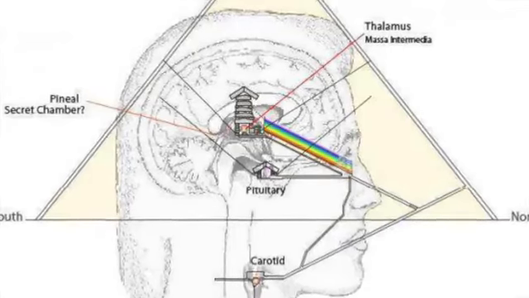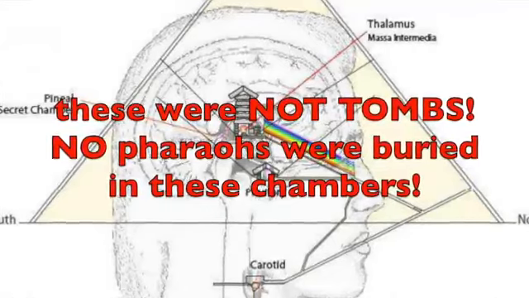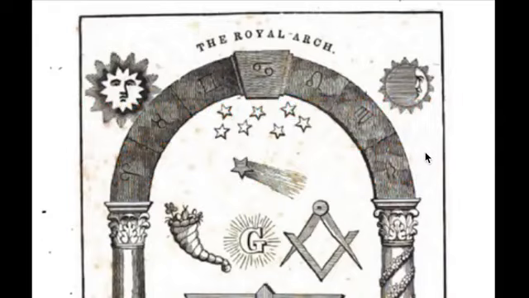So again, that's why it's called the king's and queen's chamber, and this is why it's the royal arch. Later on in the video, I'll explain more about why it's royal and how it relates to royalty, to the pharaoh, the king cobra, the king serpent, the basilisk, which means king serpent, which again refers to royalty. I'll cover that in depth later on throughout the video.